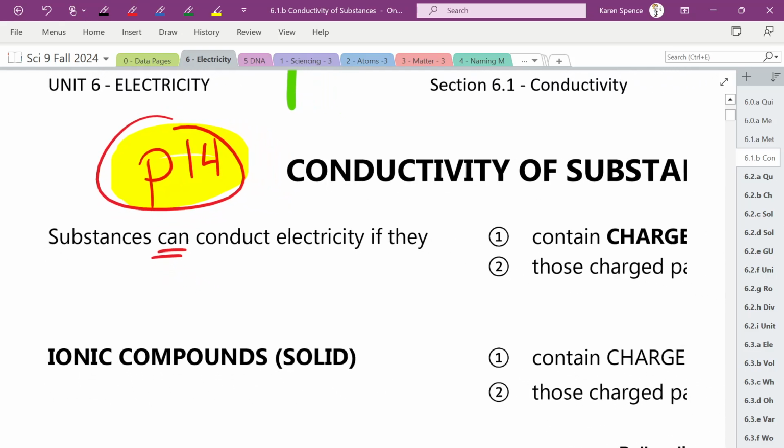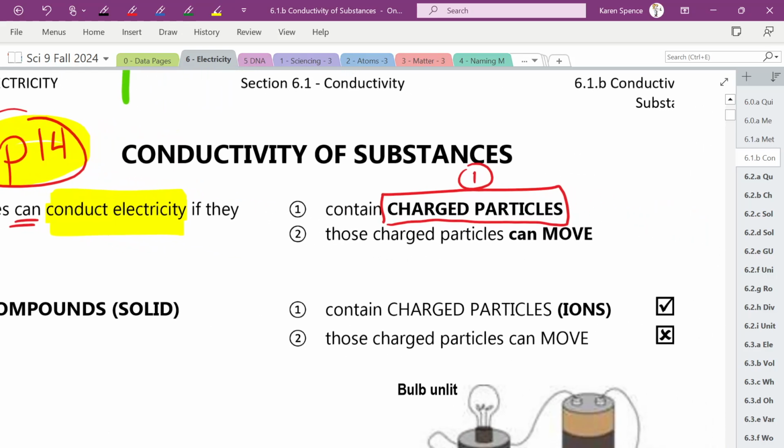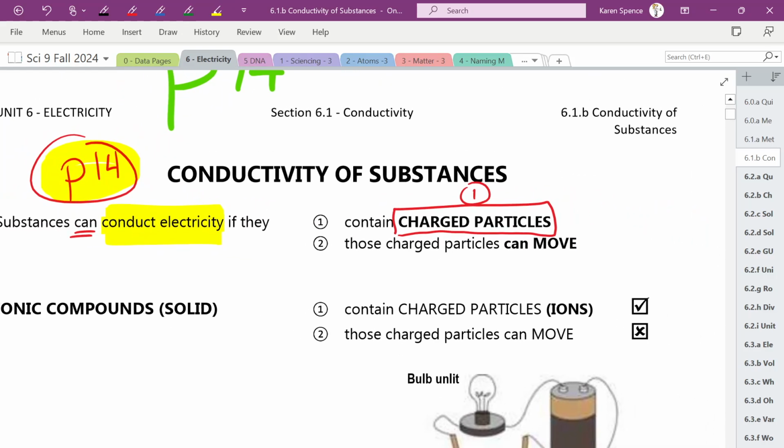One, they have to contain charged particles. The second thing is if they are going to conduct electricity, those charged particles have to be able to move.